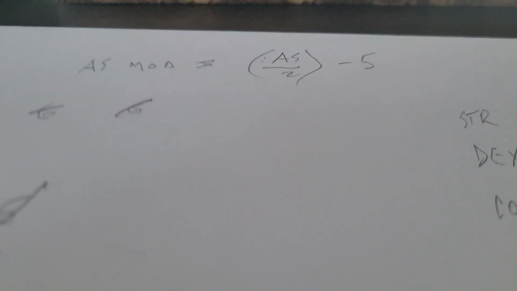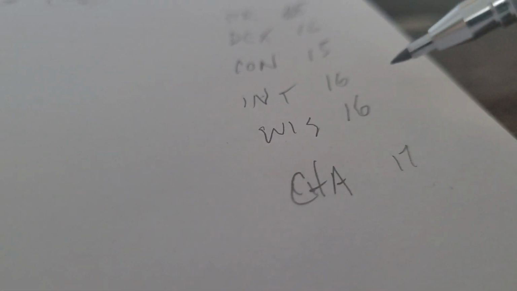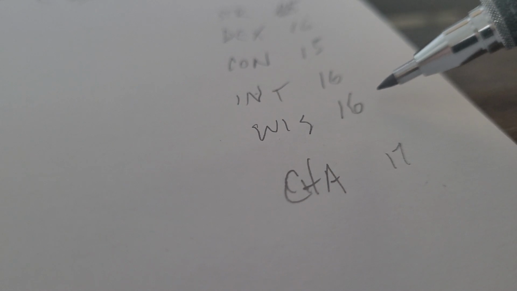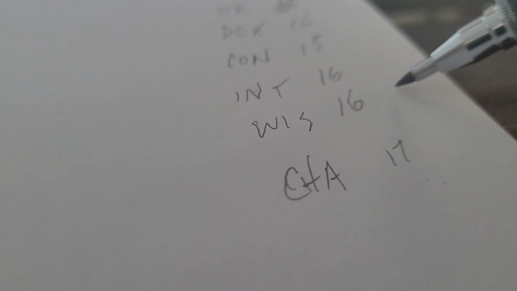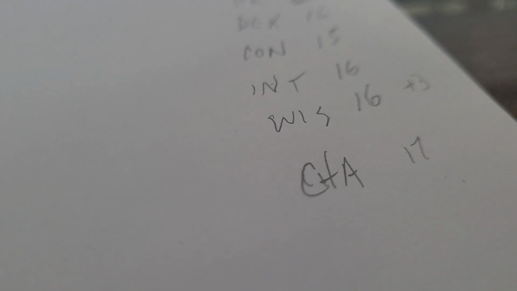And then back to the formula I have of our ability score, divide by 2 minus 5. So we'll take the wisdom score, which is 16. You divide that by 2, which is 8. And you minus 5, that is equal to 3. So he has a plus 3 for his wisdom. And you round down if you end up with a weird number.